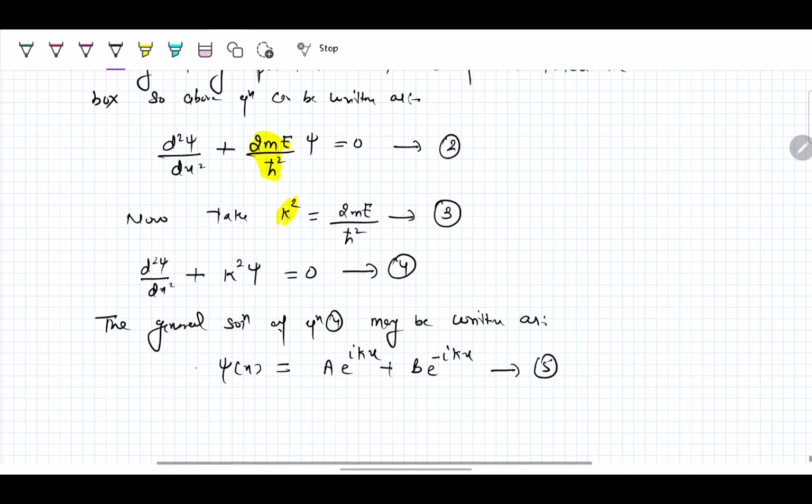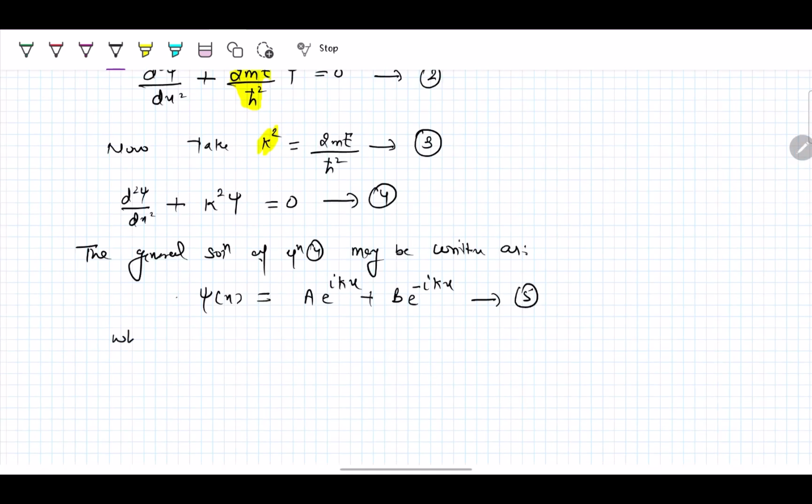And this is a generalized solution we have, where a and b are constants, which are to be determined by using boundary conditions.